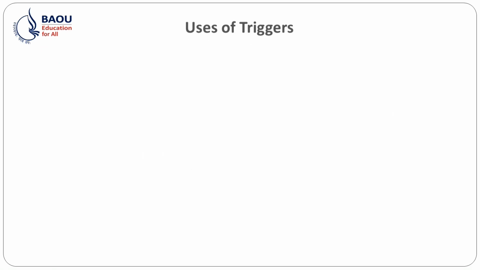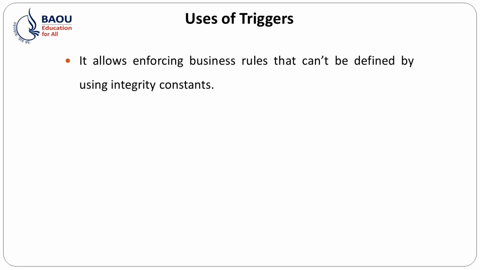Now, use of the trigger. What is the use of trigger? It enforces the business rules that can't be defined by using integrity constraints. Means, for example, before inserting the records into the table, you can display a message to give instructions to the user.